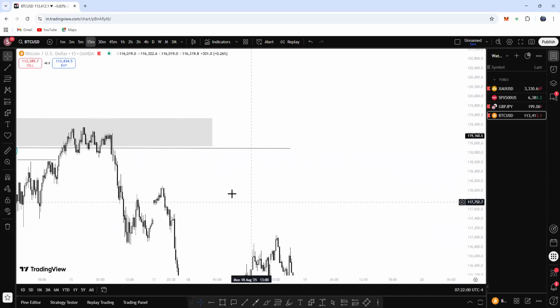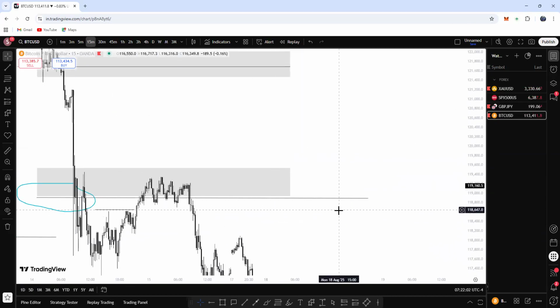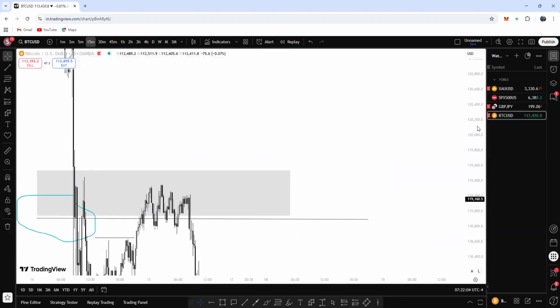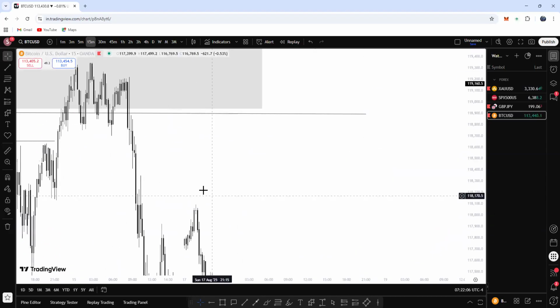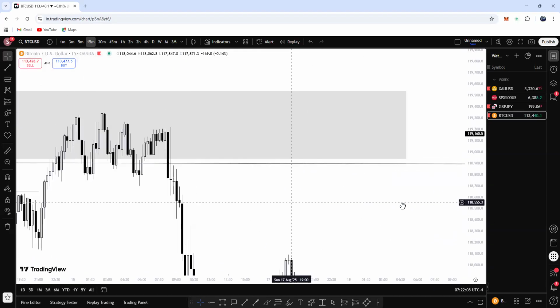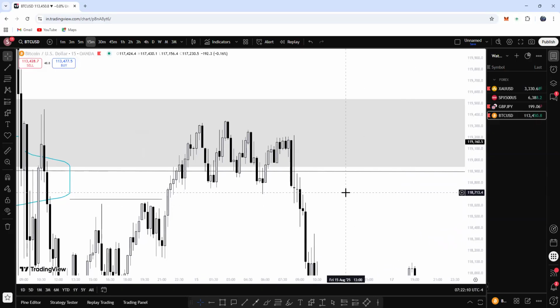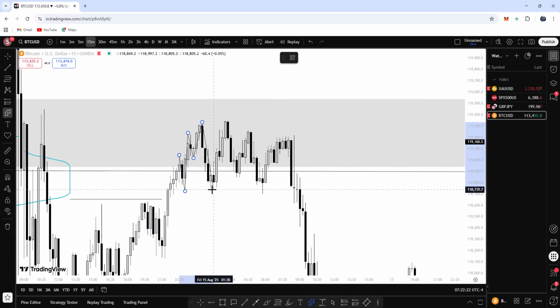Very well, guys. A very good example. You can see 1, 2. We even got 3 breakouts here, guys, because this one did not break the second, so it gave another.